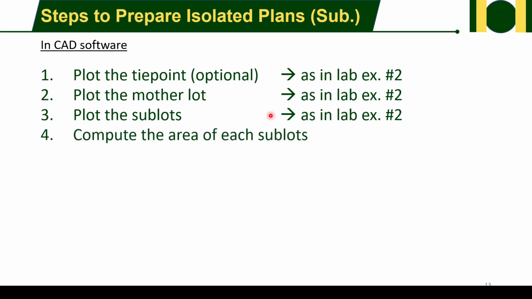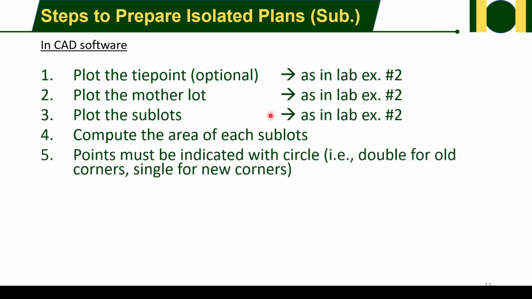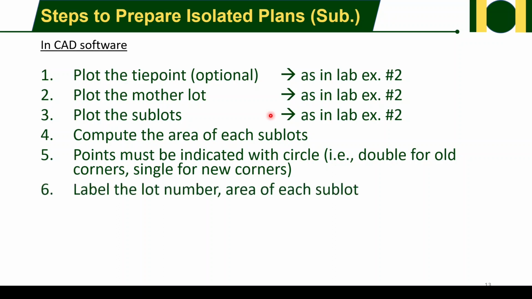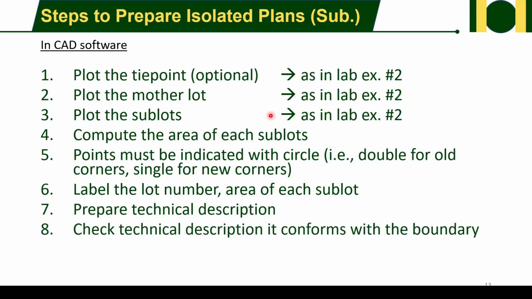After computing the sublots, you have to compute the area of each sublot. Then points must be indicated with circles, double for old and single for new corners. Then you have to label the lot number and area of each sublot, or if there is a claimant or owner, you have to label that as well. Next, you have to prepare the technical description and check if it conforms with the boundary.